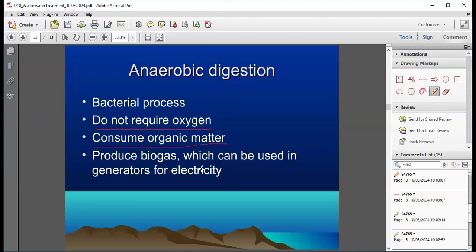What's the meaning? CH4, methane gas, ethane. This is the produced biogas, which can be used in generators for electricity.